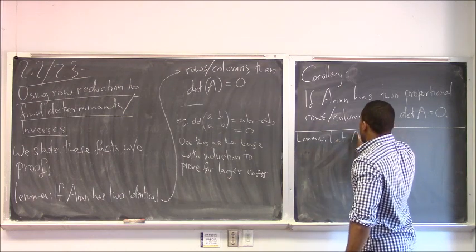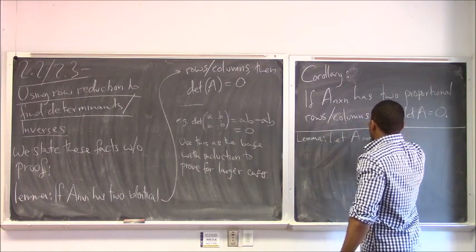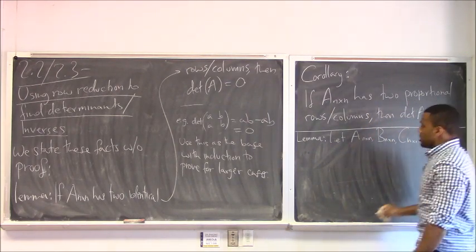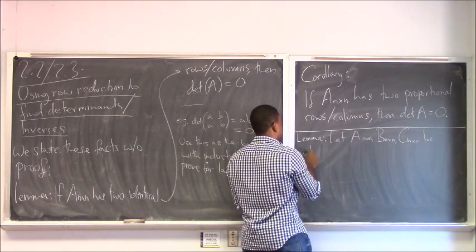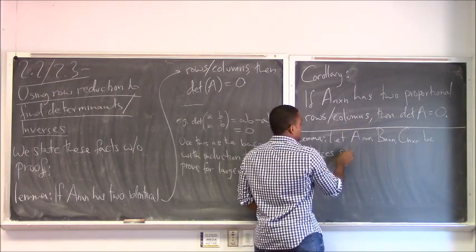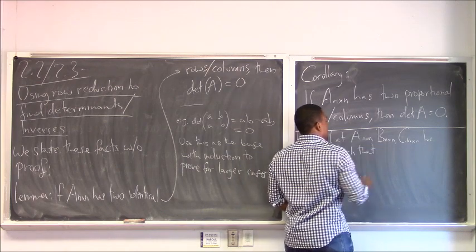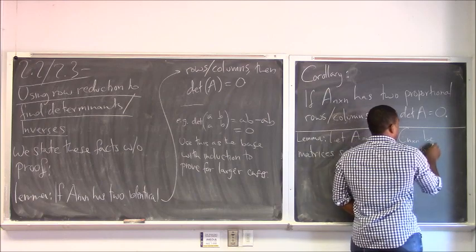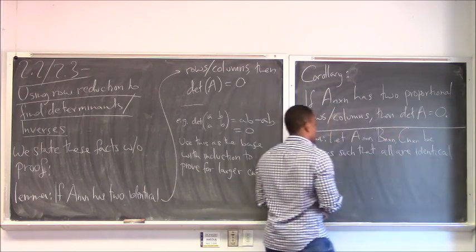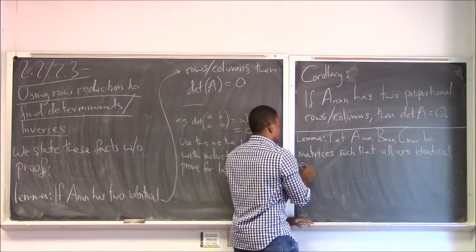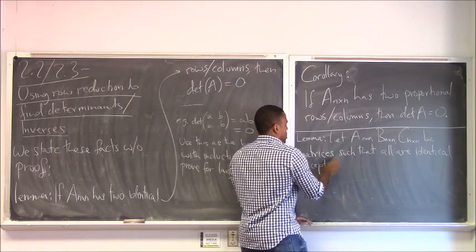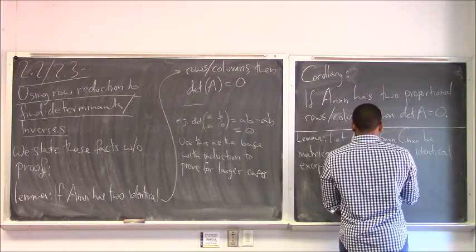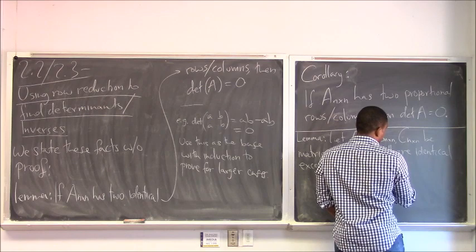Let A (n by n), B (n by n), C (n by n) be matrices such that all are identical except for one corresponding row.